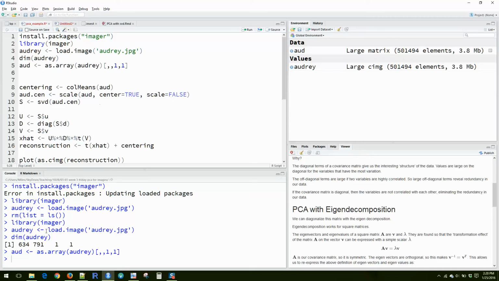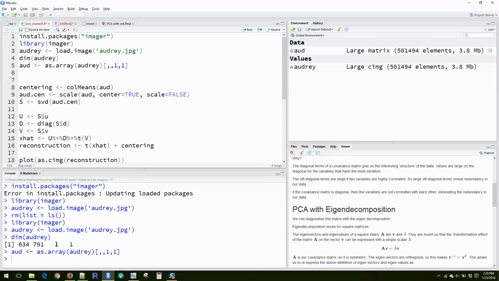Okay, so this is a 4-dimensional array. This is the width, this is the height, and I think this one's time and this one's color channel, or maybe these are reversed. If we had a color image, this would have 3 channels, and if it was an animation, there would be one for each time step.